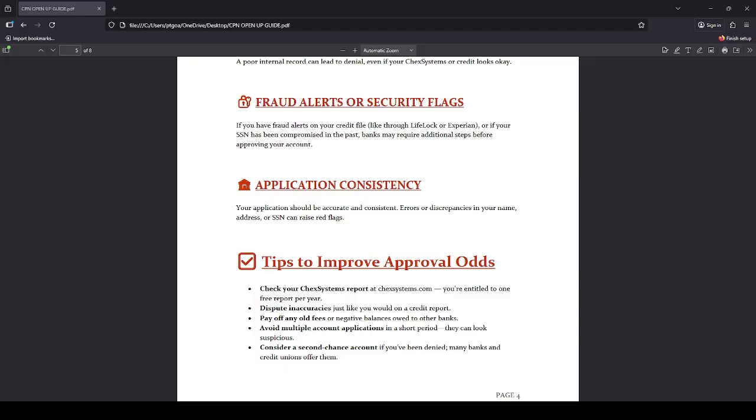So it is what it is. Let's list some banks outside of the bigger ones. We're gonna go Truist, one of my favorites. Love Truist. Shout out to Truist. Huntington, another great one. All CPN friendly, by the way. Giving y'all real game.